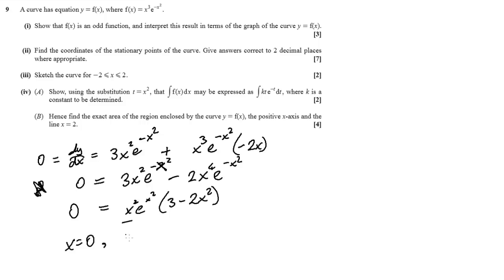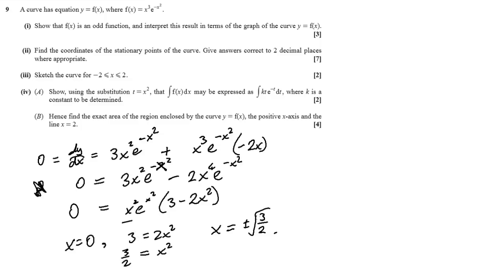So that would imply that 3 is 2x squared and 3 on 2 is x squared, and so x has to be plus or minus square root of 3 on 2, and plug that into the calculator to give answers to 2dp. It's not really necessary, but you can do that if you want, or for the purpose of this question, do so. Yeah, that's the first bit.